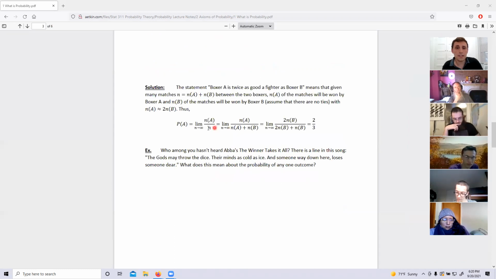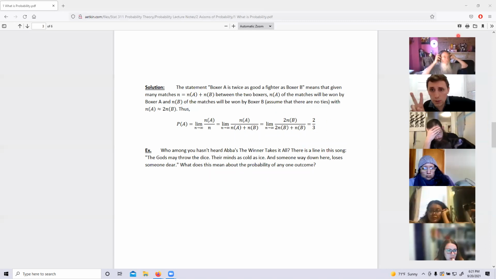So the answer is, if I take this limit, guys, when n is large, the number of successes for A is twice the number of successes of B. And n is just the number of successes for A plus the number of successes for B. So it's 2 times the number of successes for B divided by 2 times the number of successes of B plus the number of successes of B. And here I can cancel NB, and I get that the probability should be 2/3.